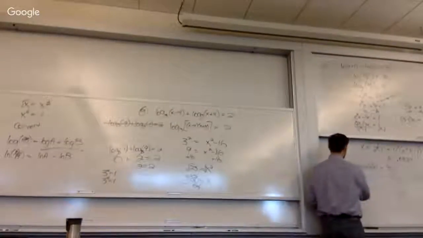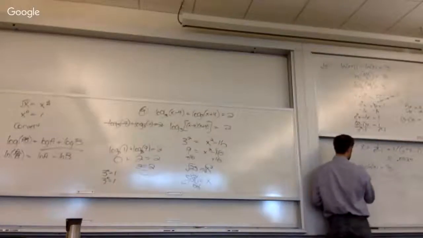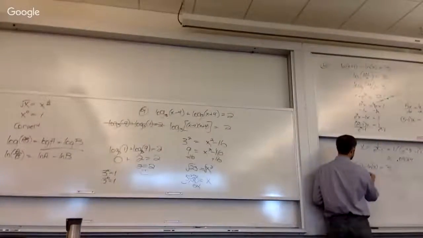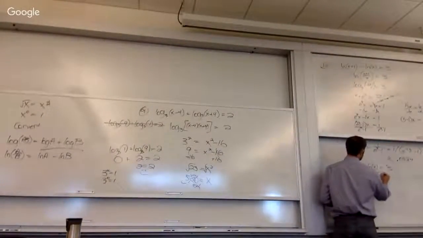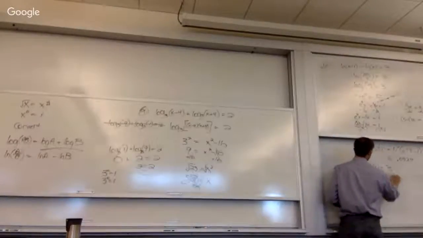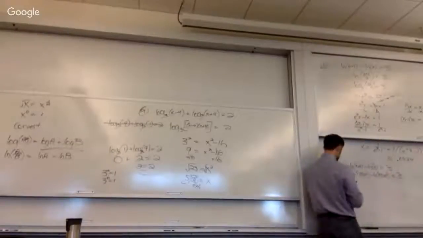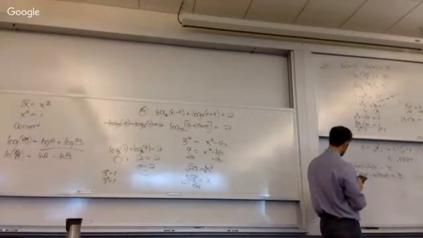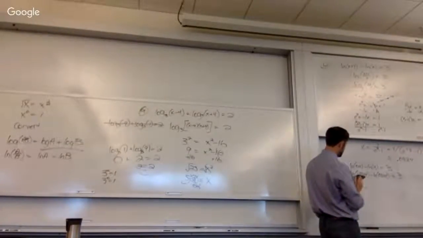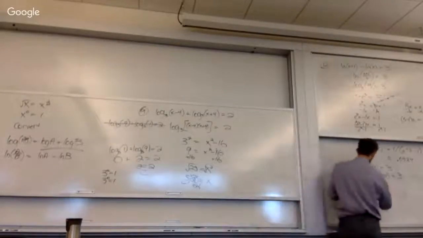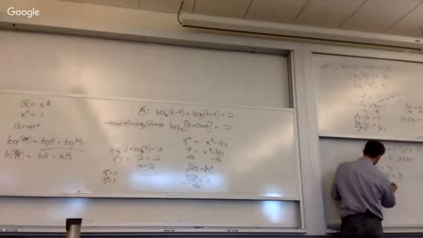So if I do natural log of 1.0524 minus natural log of 0.0524, and I'm only using a decimal approximation, so it's not going to exactly equal 3, but I should get something pretty close to it. I get 2.99992.